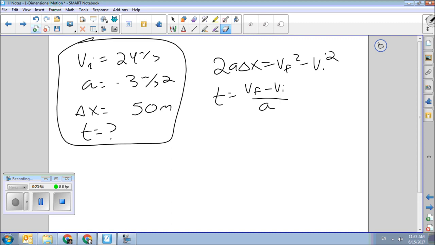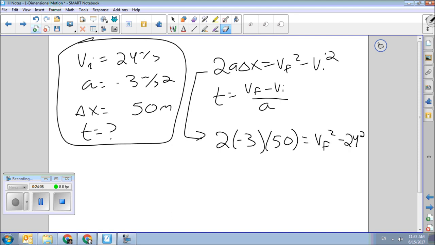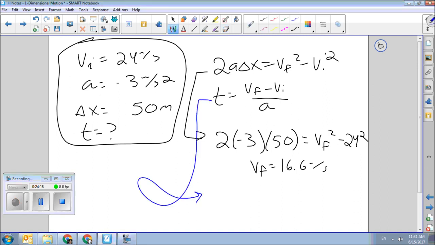So using this equation, we're going to get 2 times negative 3 times 50 equals VF squared minus 24 squared. All right, and do the algebra, and you end up getting 16.6 meters a second. And now we can find the time.